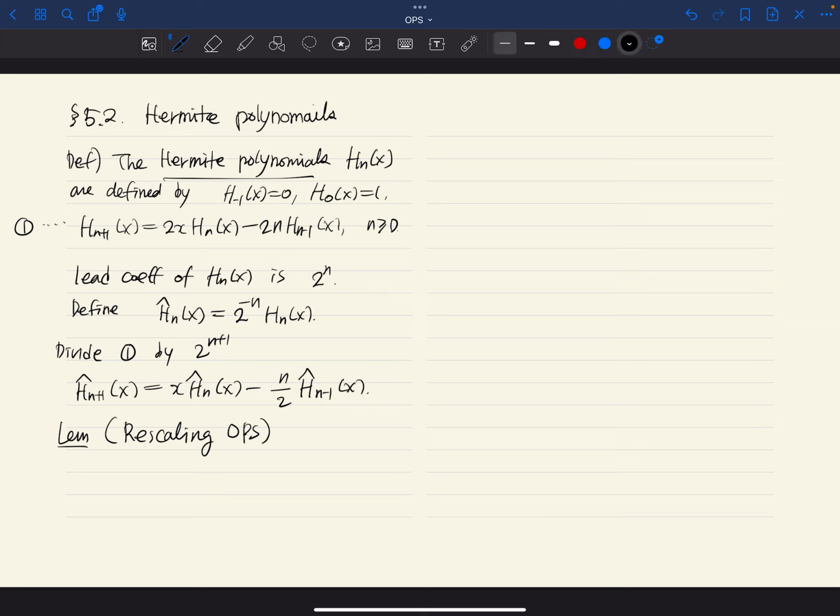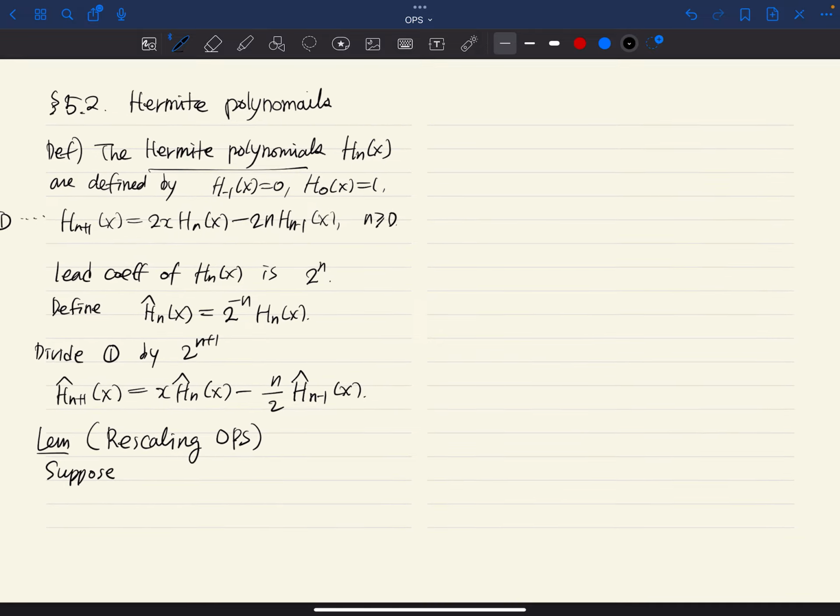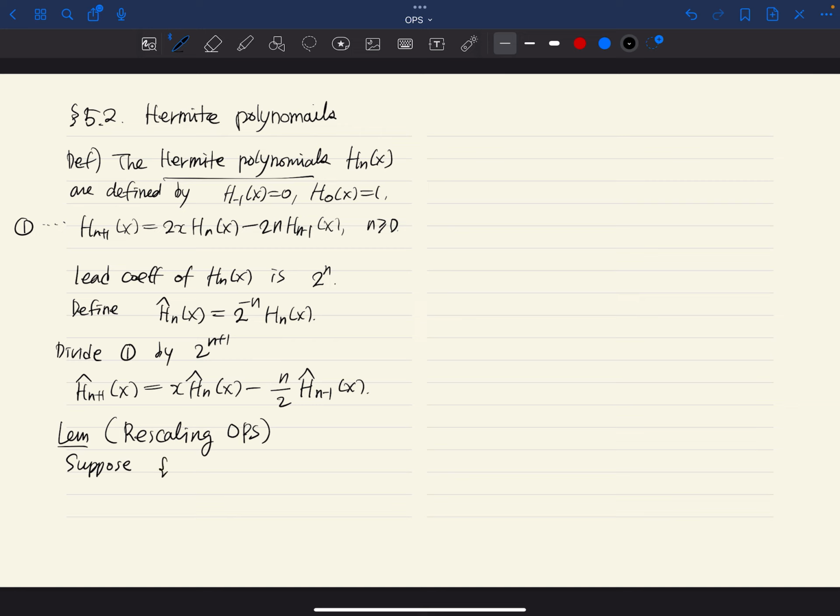So suppose P_n is a monic OPS with recurrence given in this way, with the usual initial condition.